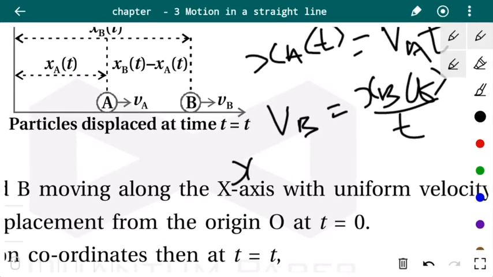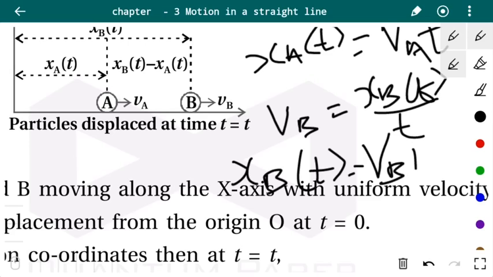So displacement at time t equals VBT. Displacement of particle A is VAT and displacement of particle B at time t is VBT.